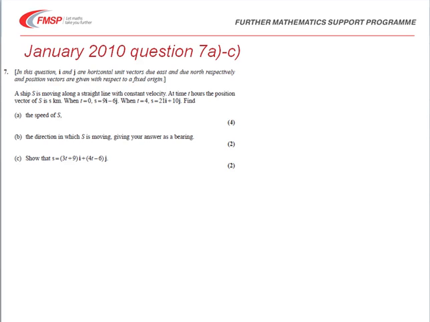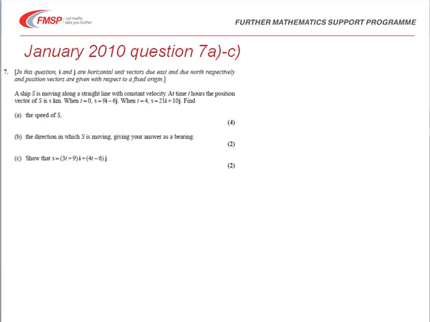At time t, we have a position vector s kilometers. When t is equal to 0, we're told that s is 9i minus 6j, so it's initially at a position 9i minus 6j, and then 4 hours later, I think it is, a position of 21i plus 10j.